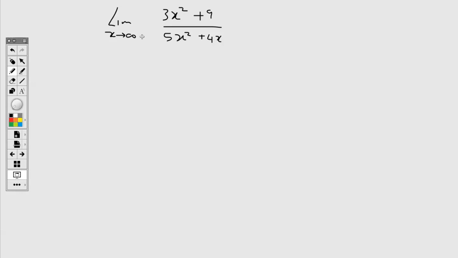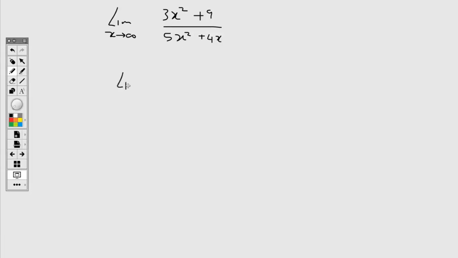And dividing by the largest variable means that we have to identify which is the largest variable, because substituting infinity, we're just going to have infinity over infinity. Remember, infinity represents a very large number. So dividing each by x squared, because that's the larger variable in this case. The larger variable is x squared.